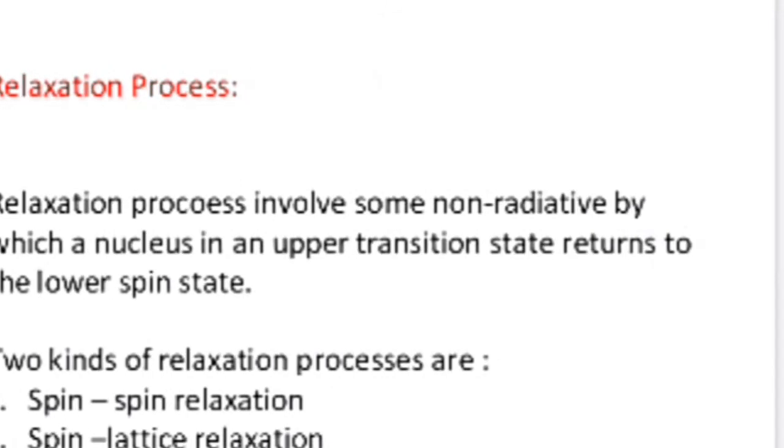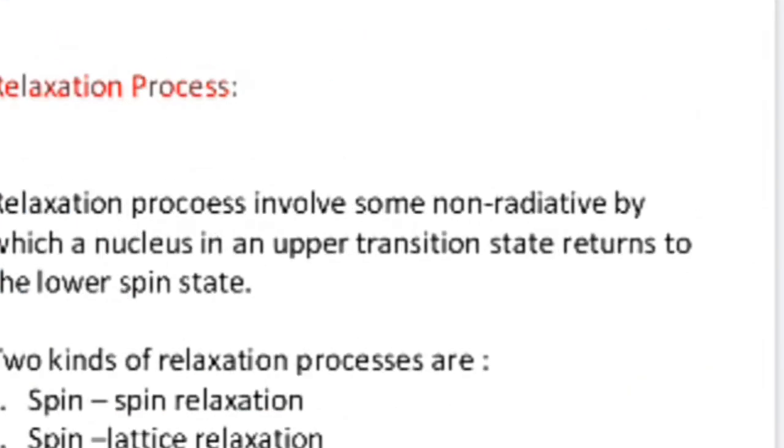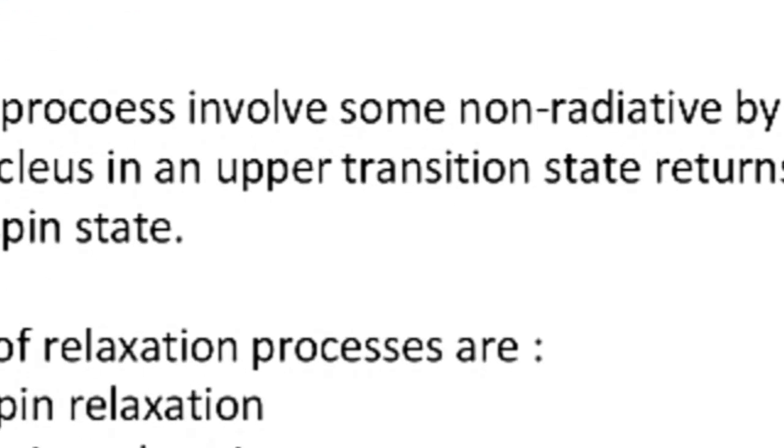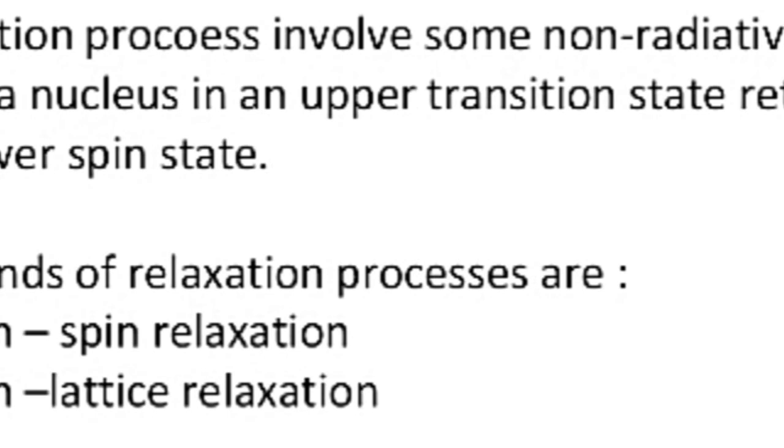Here, relaxation process. What is relaxation process? In NMR spectroscopy, relaxation processes involve some non-radiative processes by which a nucleus in an upper transition state returns to the lower spin state.